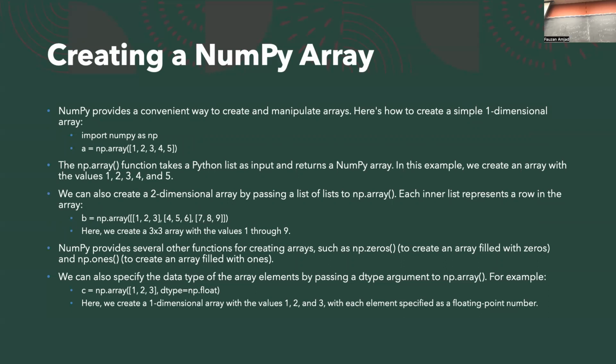So in the case here, we're creating a NumPy array with a list of values 1, 2, 3, 4, and 5. And we can do the same thing here with a nested list. How many elements are in this outer list? If someone were to ask you how many elements are in this outer list, what would it be? If we did the length function on that entire list, what would it return?